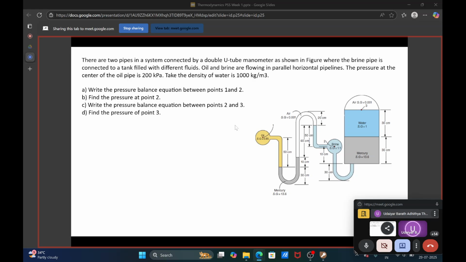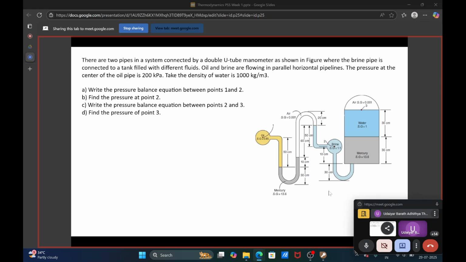We need to write the pressure balance equation between points 1 and 2. Point 1 is the center of the oil pipe, and 2 is the center of the brine pipe. Then find the pressure at point 2. Similarly, write the pressure balance between 2 and 3 and find the pressure at 3.